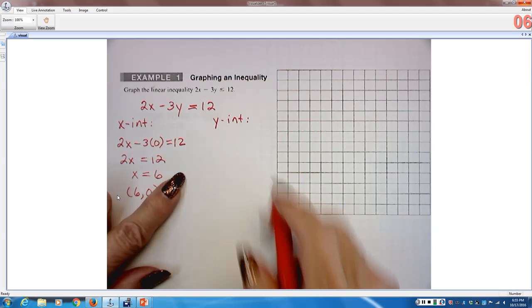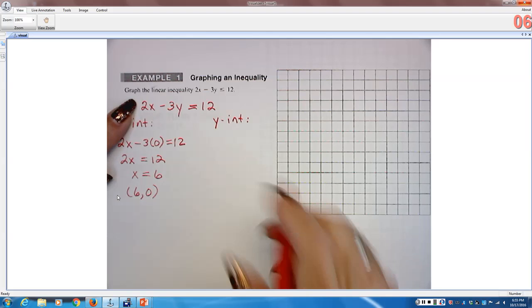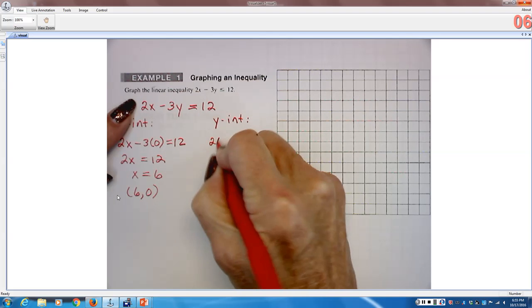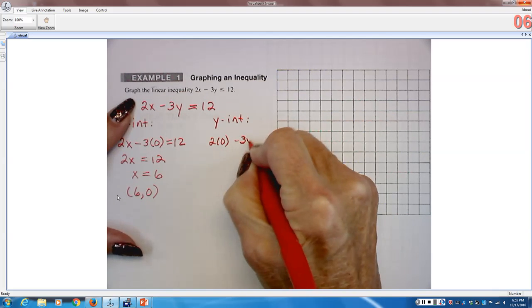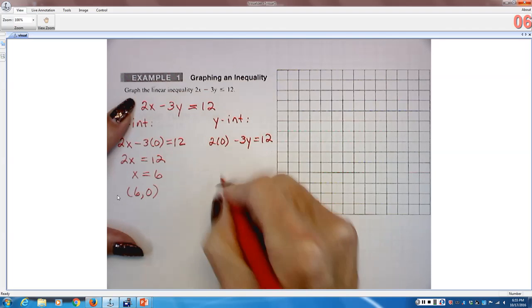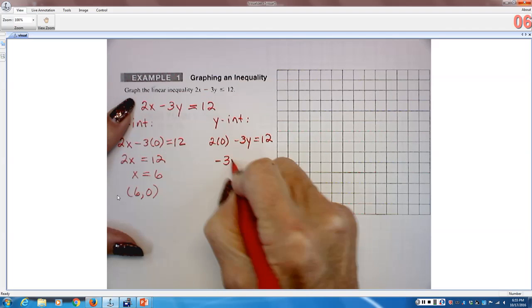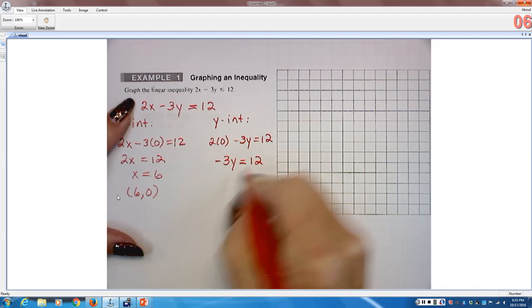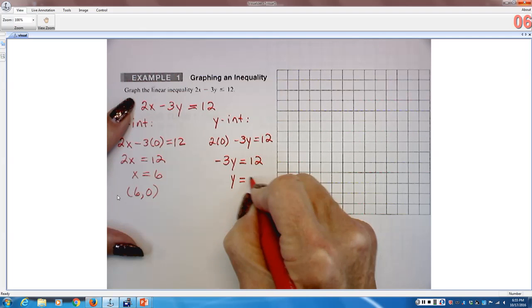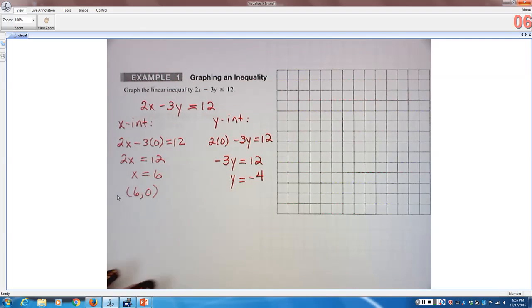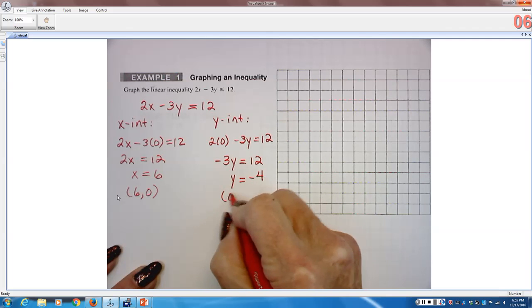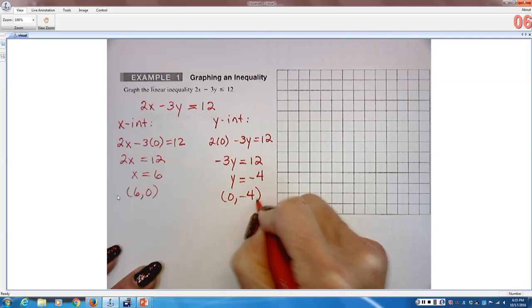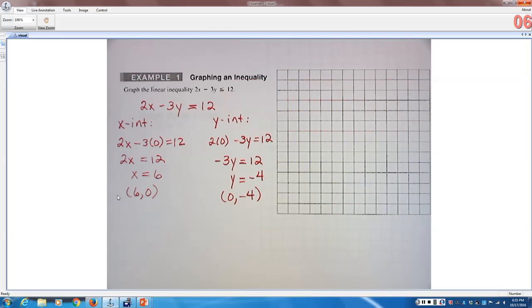And then we're going to do the same with the y-intercept, except we're going to let x be 0. And y is -4. So we have 2 points, (6, 0) and (0, -4).